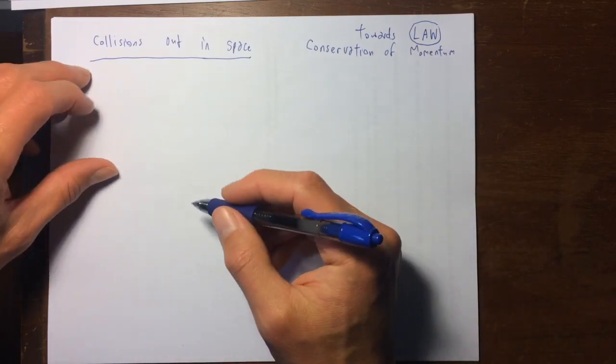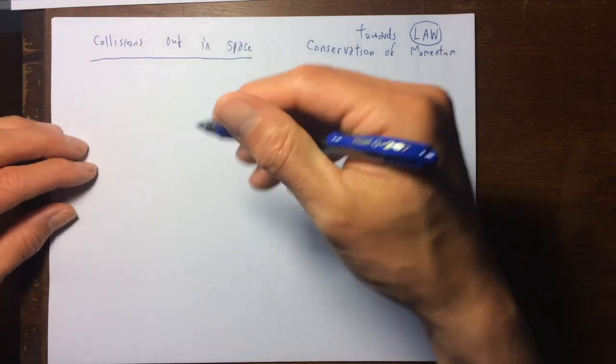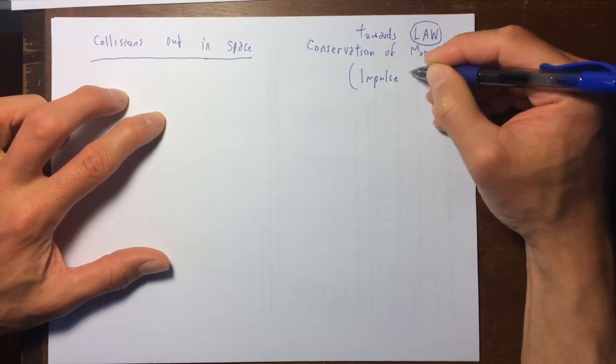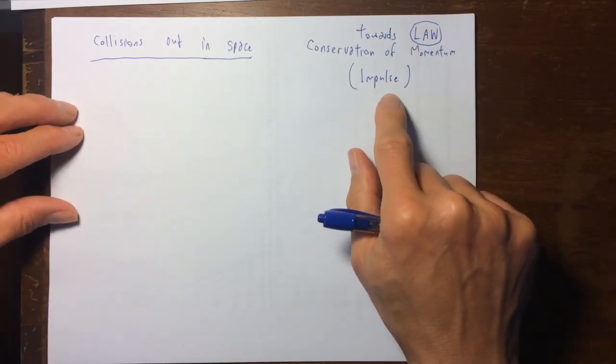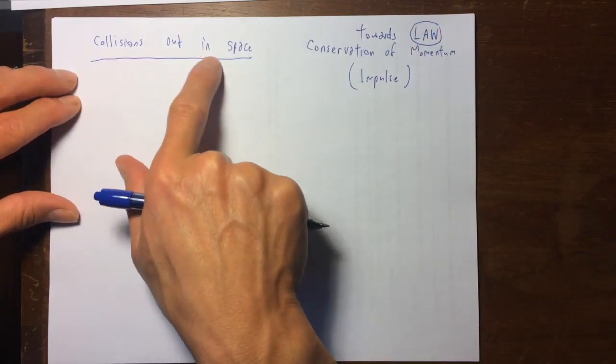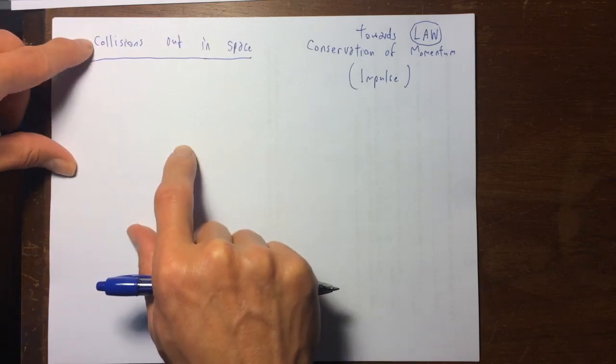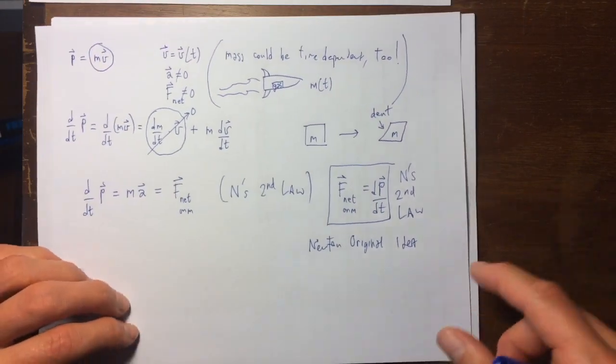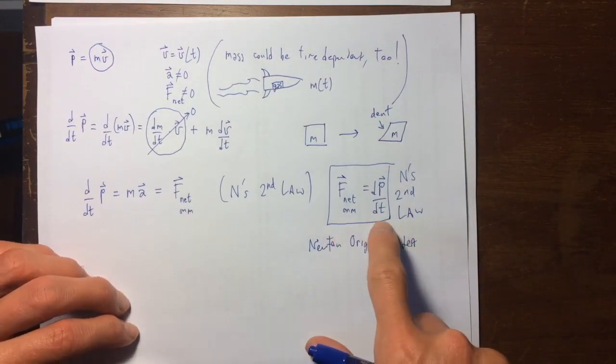All right, so the way I'm going to unfold and talk about impulse is I'd like to talk about collisions, but before I talk about collisions, I'm going to revisit this version of Newton's second law really quick.